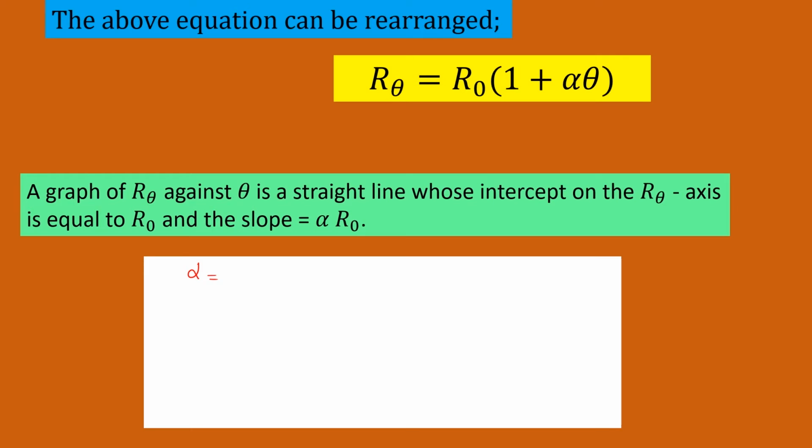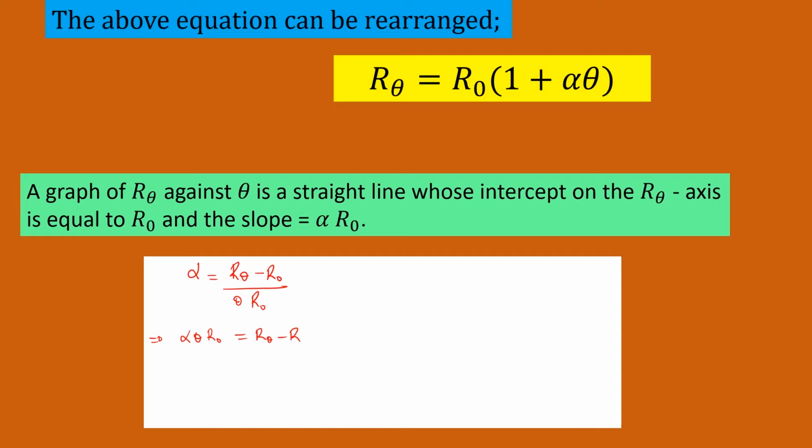From the expression alpha equals R theta minus R0 divided by R0 theta, when you cross multiply, you have alpha theta R0 equal to R theta minus R0.